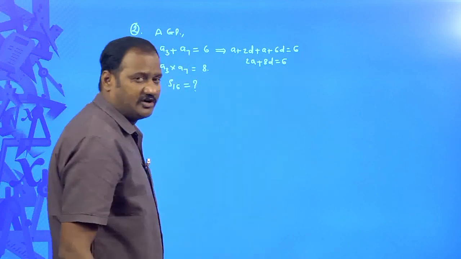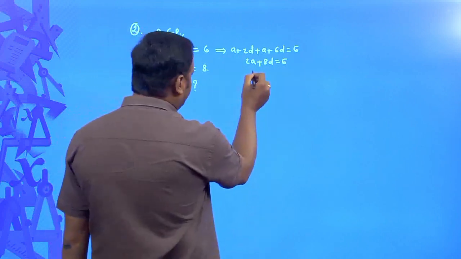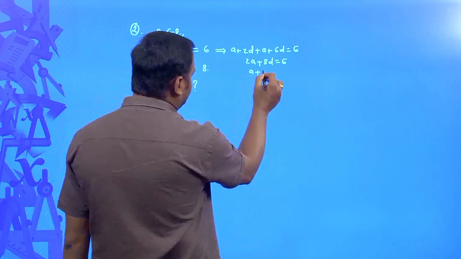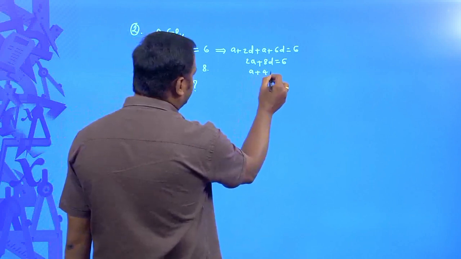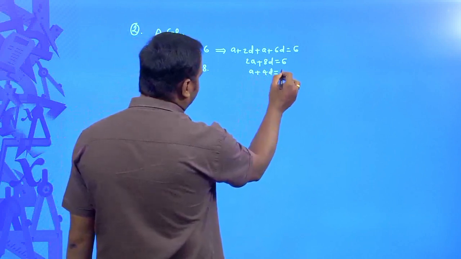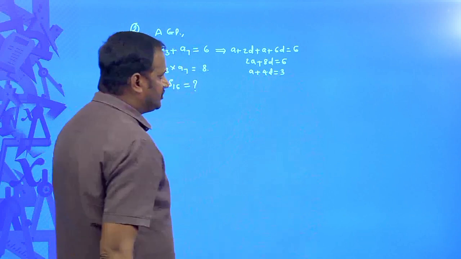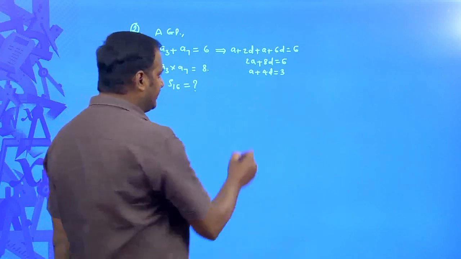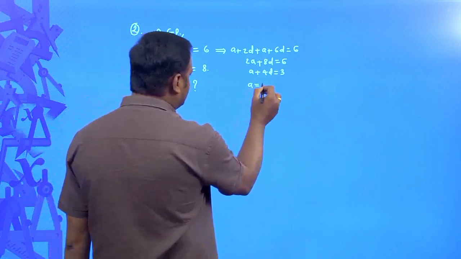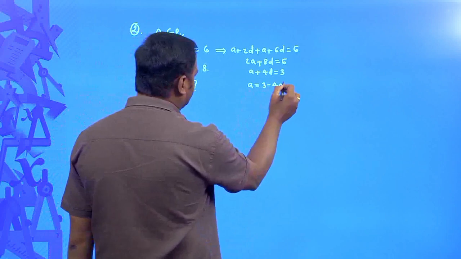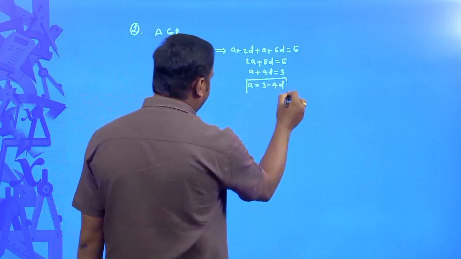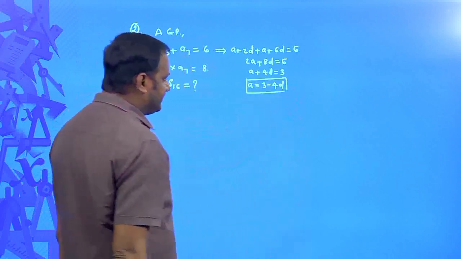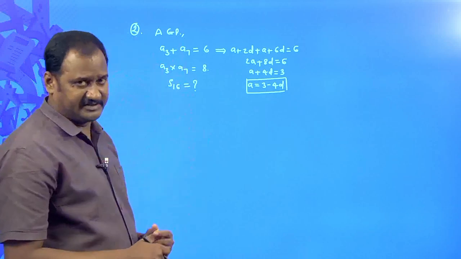When you take 2 common, it would be 2 into (a plus 4d) is equal to 2 into 3 is 6. So, a plus 4d is equal to 3, then the value of a is going to be 3 minus 4d. This way I can get the value of a in terms of d from the first information.